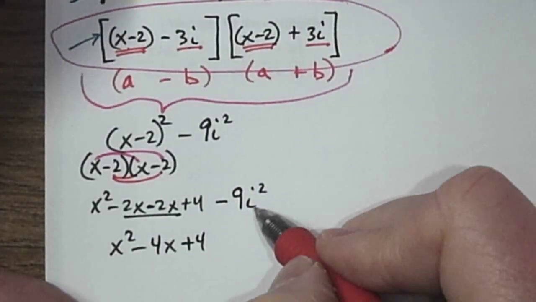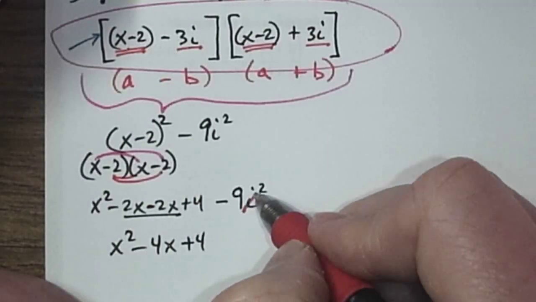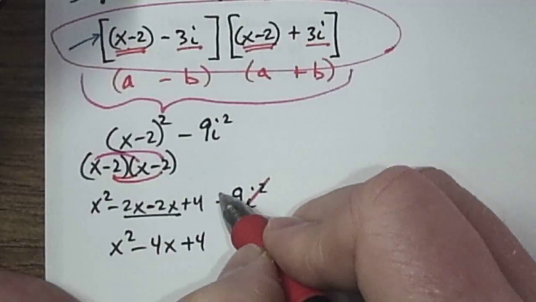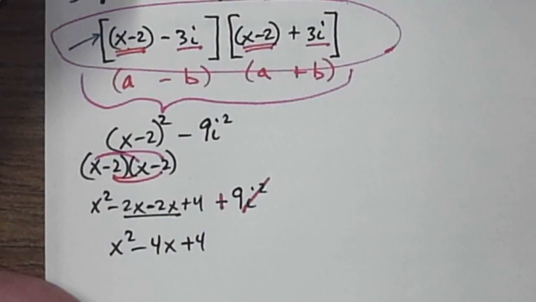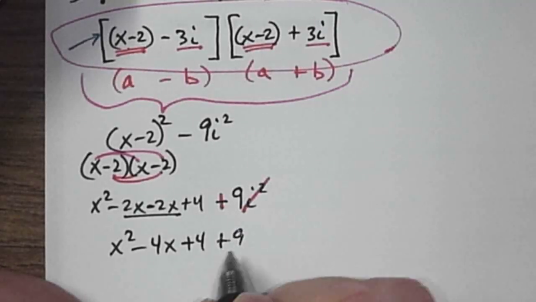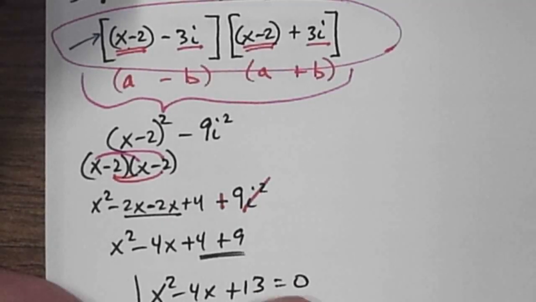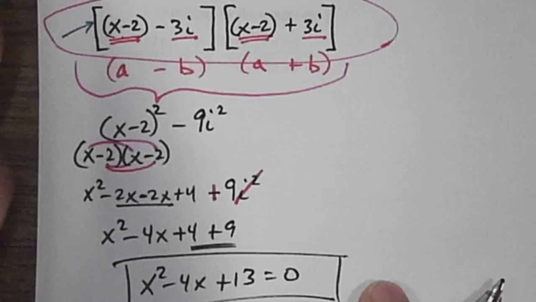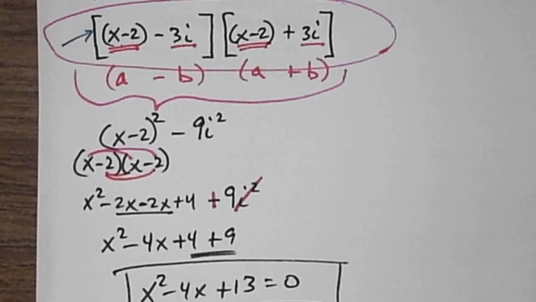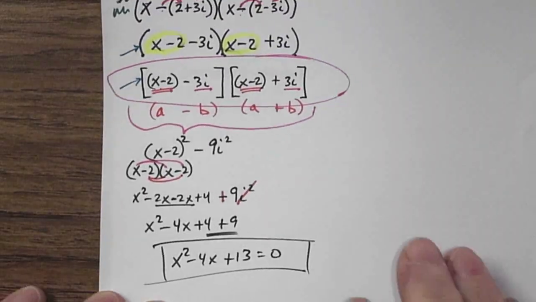Now, i squared is negative 1, so we cross it out and change the sign here to a plus, and we get plus 9. Now, these two are like terms. We get x squared minus 4x plus 13 equals 0 because it is an equation, so we will put equals 0. Look at that.